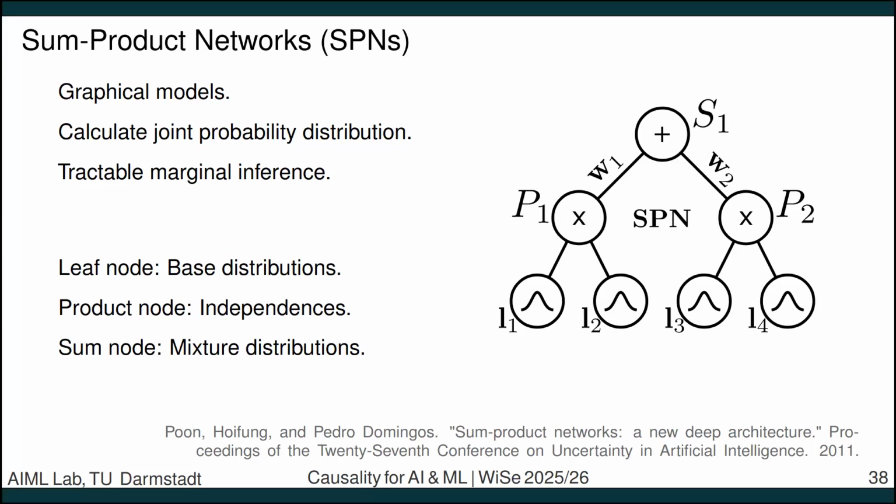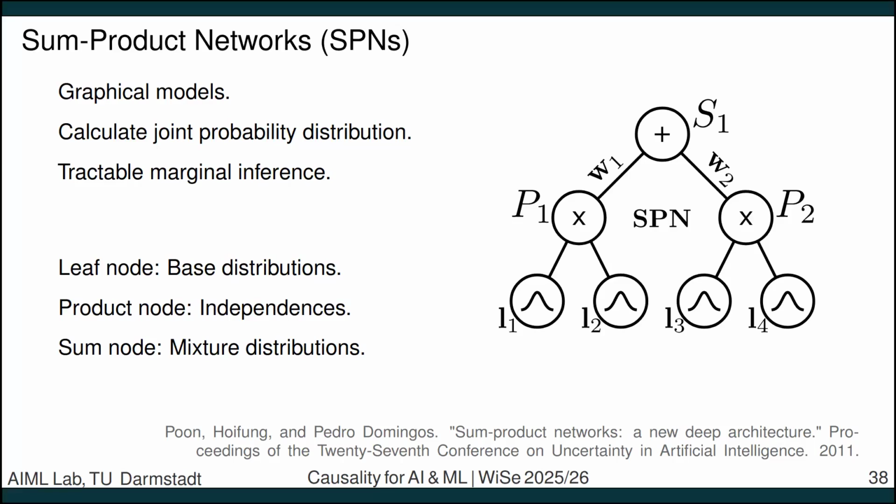Again, at the very bottom of those SPNs, we have leaf nodes, which are base distributions like Gaussians or discrete distributions. Then usually the first layer is a product node, which models independencies. This means that on the left and the right side of a product node, we have independent sets of variables.